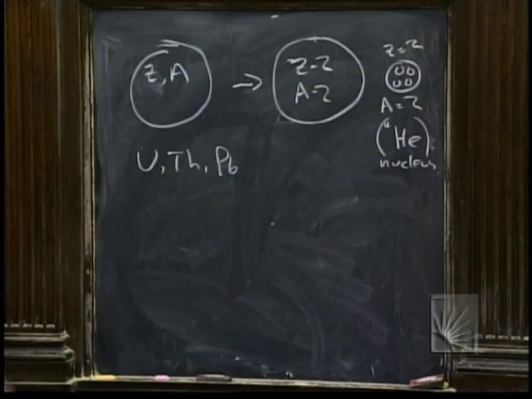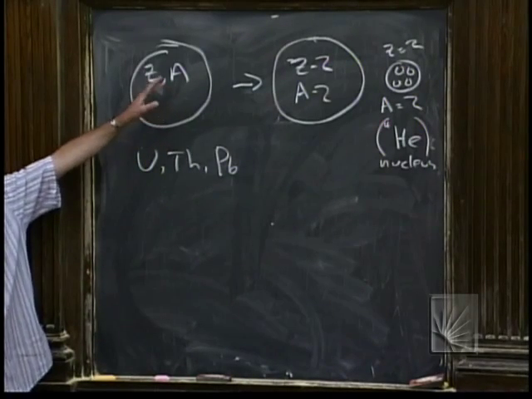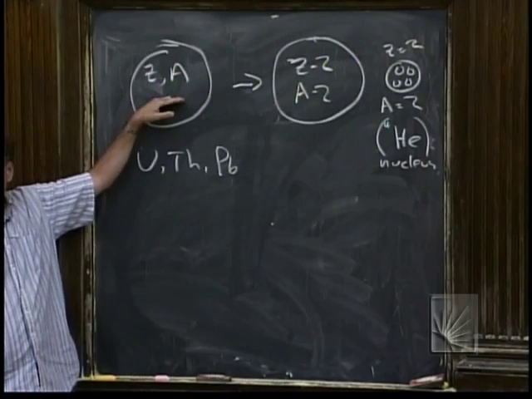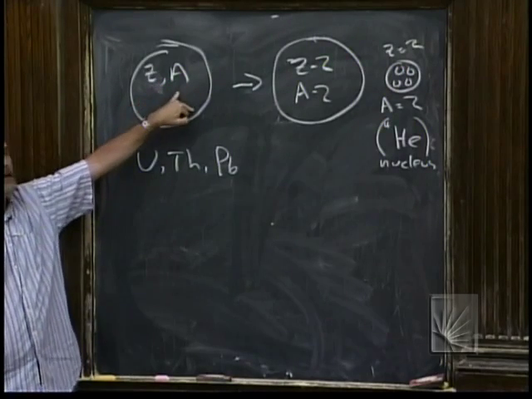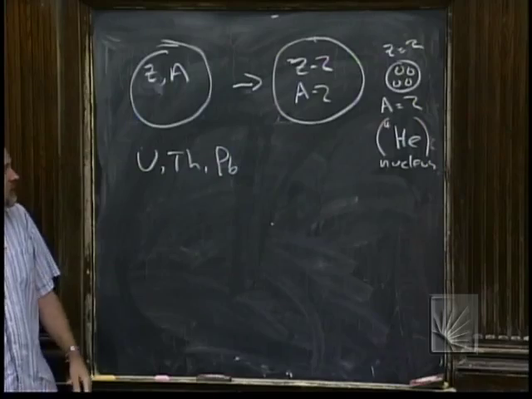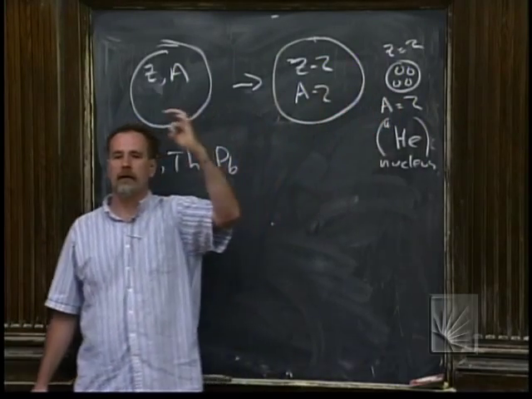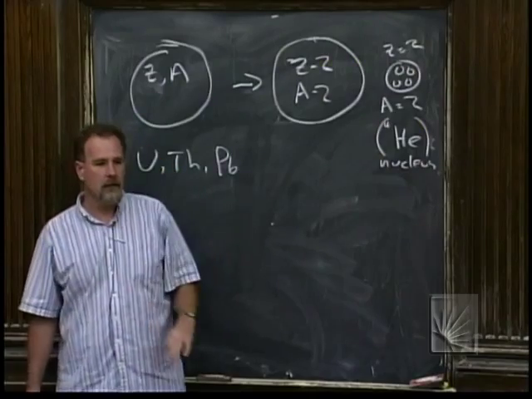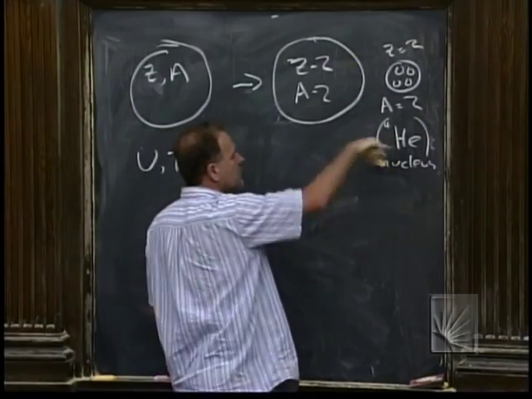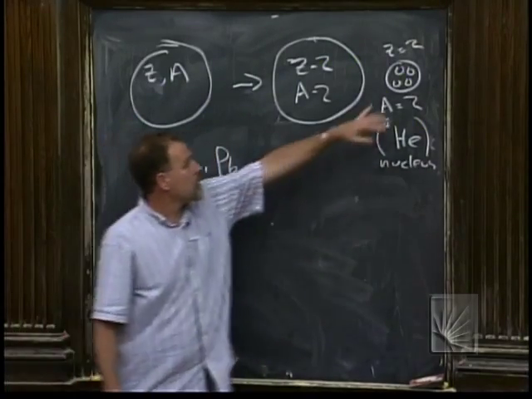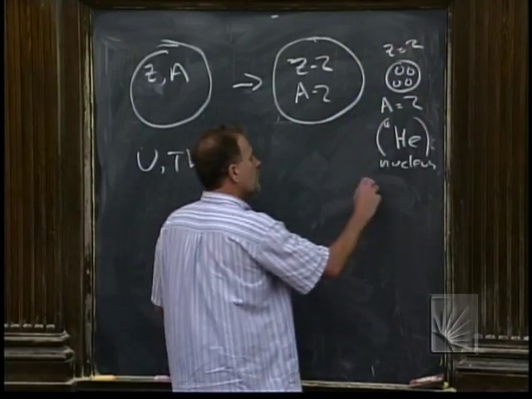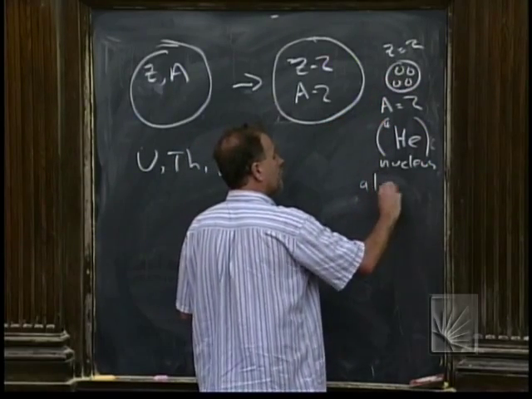Okay? So I'm saying a big nucleus with some number of protons plus neutrons will spontaneously spit out an object which is basically the nucleus of a helium atom, 2 neutrons, 2 protons. This is called an alpha.